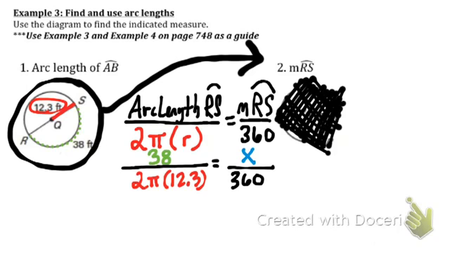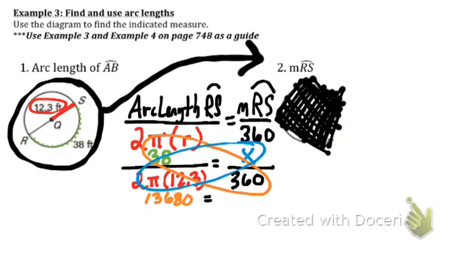Now to solve this proportion, I have to cross multiply. My first set of cross products, 38 times 360, ends up being 13,680, equal to my other set of cross products, which is x times 2 pi times 12.3. So I'm going to divide both sides by 2 pi times 12.3.